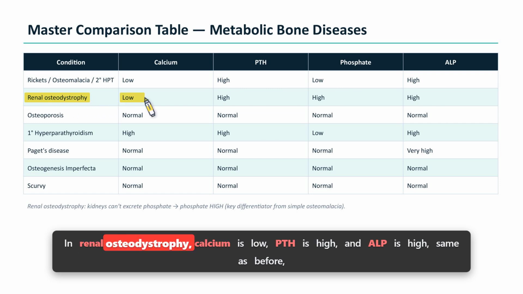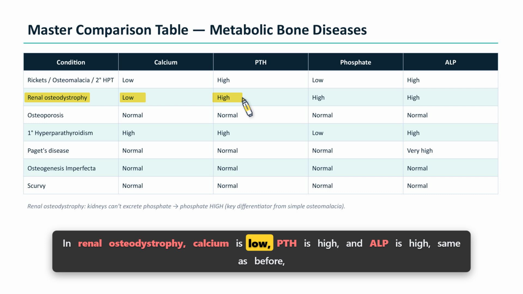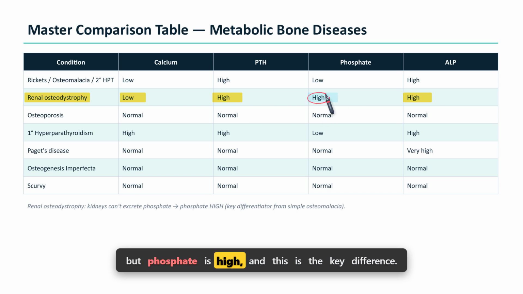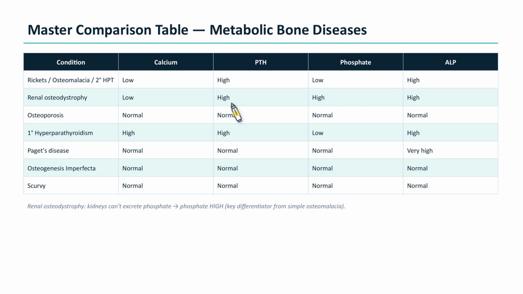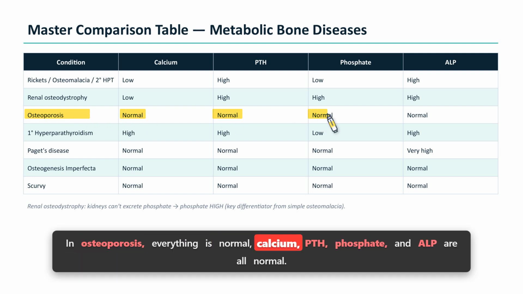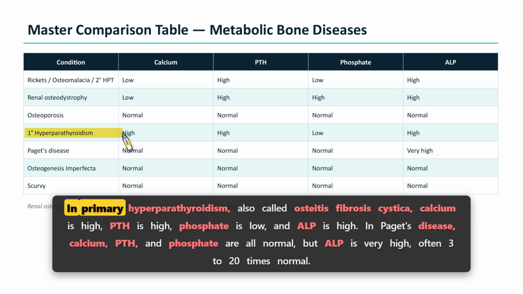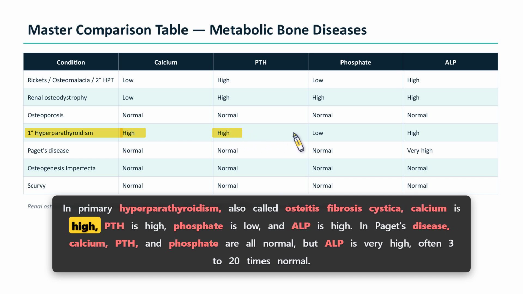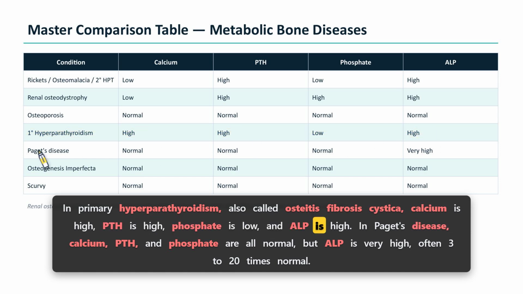In renal osteodystrophy, calcium is low, PTH is high, and ALP is high, same as before, but phosphate is high, and this is the key difference. In osteoporosis, everything is normal. Calcium, PTH, phosphate, and ALP are all normal. In primary hyperparathyroidism, also called osteitis fibrosa cystica, calcium is high, PTH is high, phosphate is low, and ALP is high.